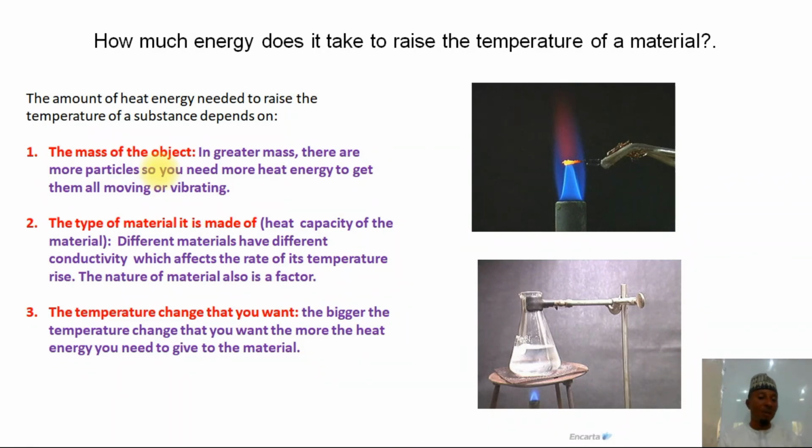There are some materials that have high conductivity or low specific heat capacity, and these materials will need less heat compared to materials that have low conductivity or high specific heat capacity. Number three, the temperature change that you want. If you want to take the temperature to a higher degree, you need to heat it more. You need to give it more thermal energy.